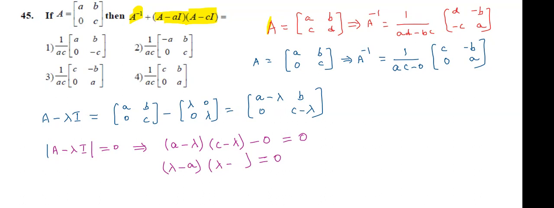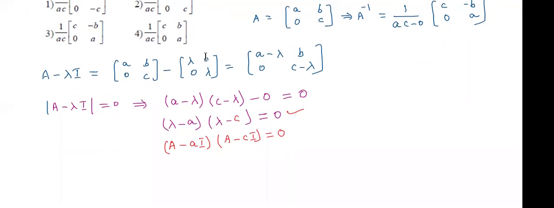Here this is not I, this is c. Now in place of lambda substitute A. So this equation I am going to convert into matrix equation form: A minus a into identity matrix into A minus c into identity matrix equals 0. This value we got is 0. But A inverse we already know.